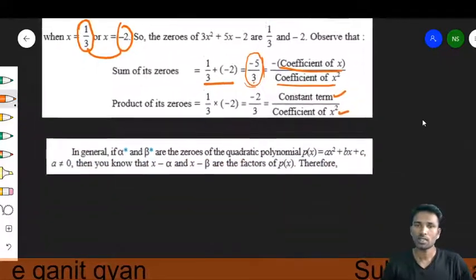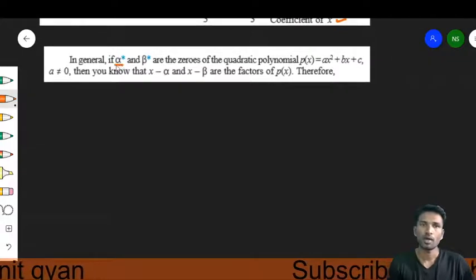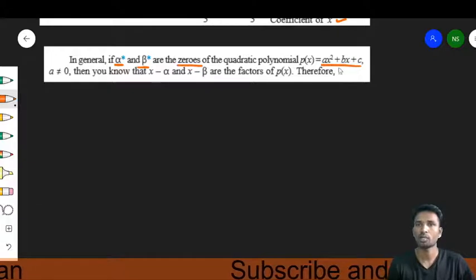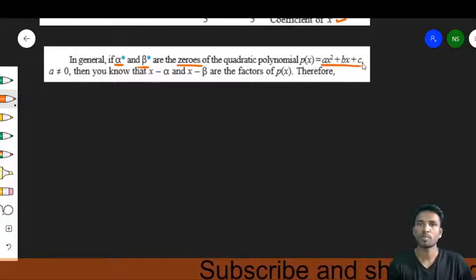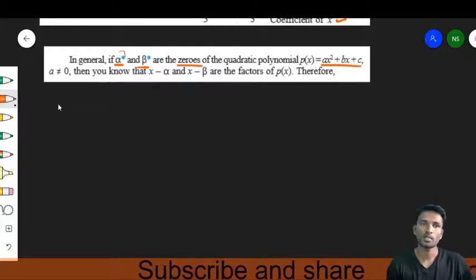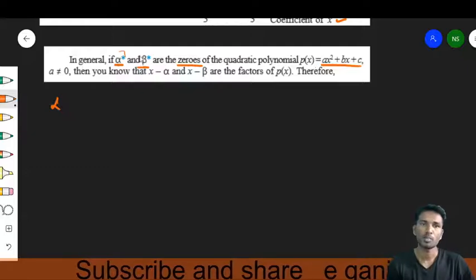So by using this simple technique, we can frame an equation. Suppose alpha and beta are the zeros of a quadratic polynomial. I have one quadratic polynomial, ax square plus bx plus c, where a is not equal to 0. This symbol we pronounce as alpha. It is a Greek symbol. Beta is also a Greek symbol.